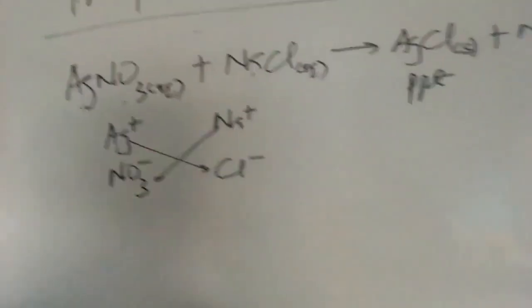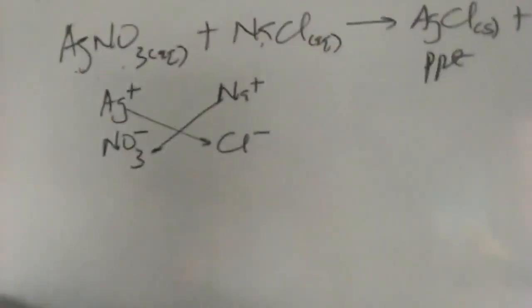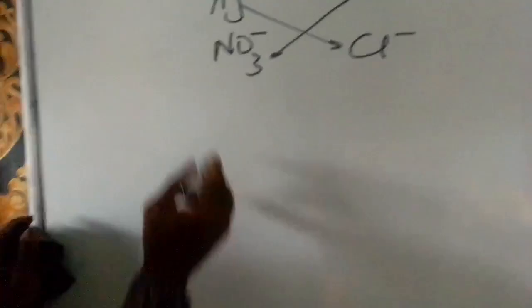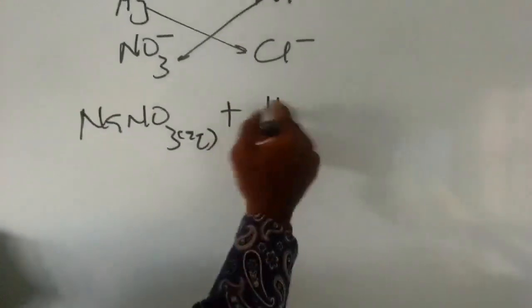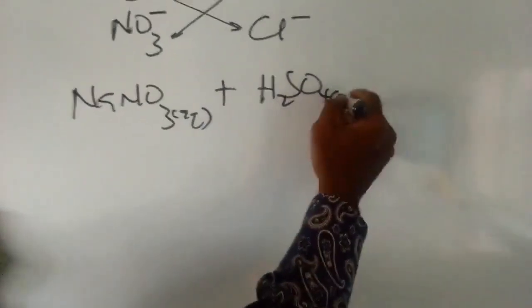We can see another reaction whereby you have a soluble compound, plus also another soluble compound, an acid which is also soluble, with split ions.